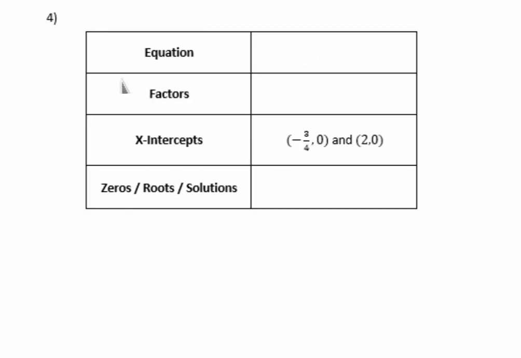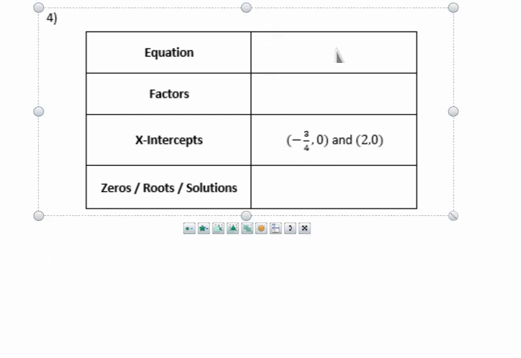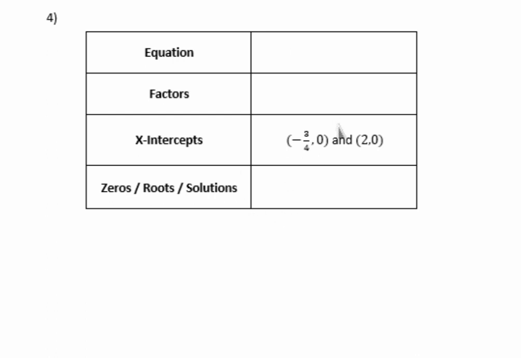Example 4. Example 4, I gave you the x-intercepts. So to go from the x-intercepts to the rest of these is not too big of a deal. To find the zeros, roots, solutions, well, that's easy. Just take the x values, negative 3/4 and 2. To find the factors, what we do is we say x equals negative 3/4 and x equals 2. And what I want to do is I want to get this side equal to 0 on both of them.